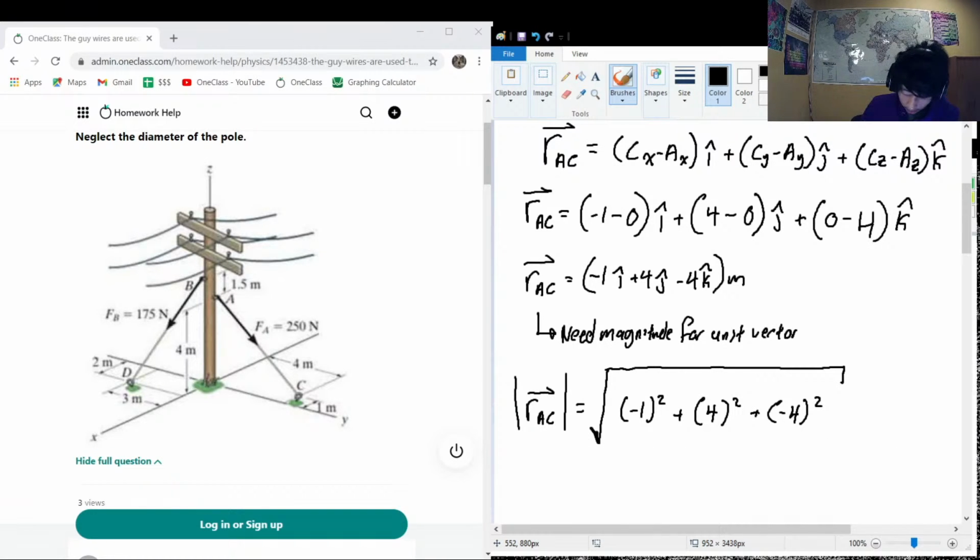So this is how you get the magnitude. So this is the X component, the Y component, and the Z component. You sum up all of their squares, put them under the root. So we have, pulling out my calculator for this one, the square root of 1 plus 16, which is 4 squared, plus 16 once again. And that's going to give us a value of 5.745 meters.